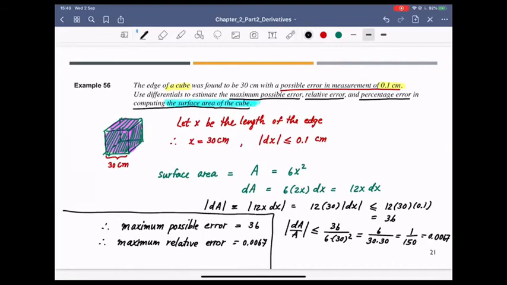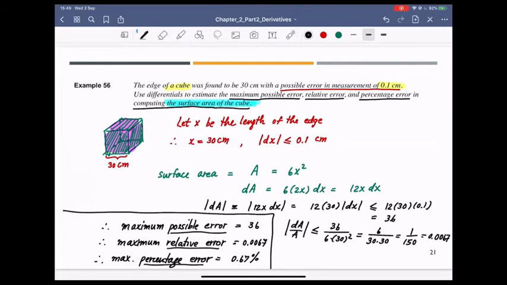And then also the maximum percentage error is going to be 0.67%. Well, on the exam, we may ask you possible error, relative error, or percentage error.